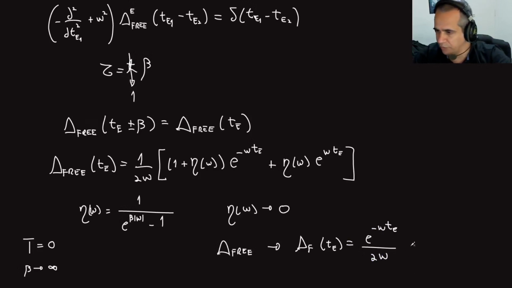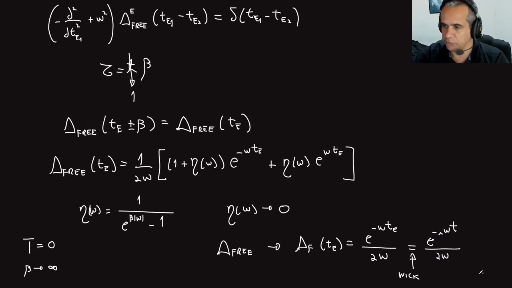We're going back to Minkowski space, so undo Wick rotation, and I get the exponential of minus i omega t over 2 omega, which once again, if you compare with what we had before, in my notes, it's equation 37.3.